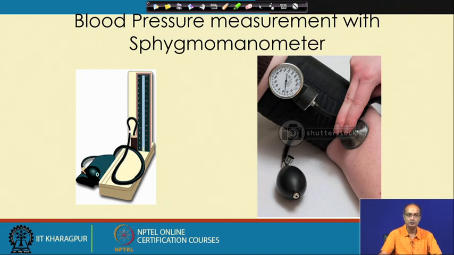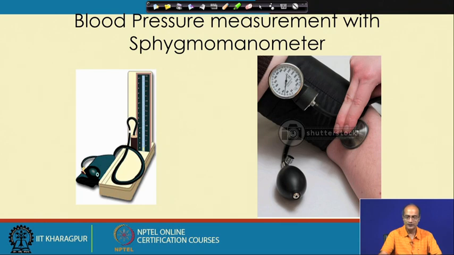The moment it comes below the diastolic pressure, that sound stops, because the flow becomes laminar, it is no more turbulent. When the sound stops, again the doctor marks the reading in the dial or the mercury column, and from that we get the diastolic pressure. So, that is the way doctors can check your blood pressure.